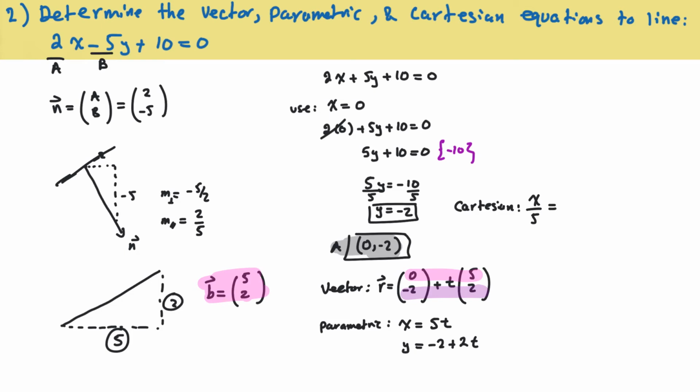And for the second one here, we're going to add 2 to both sides first. We're going to have y plus 2, and then we are going to divide by 2. And that is our Cartesian equation. And I'm going to highlight all my answers. That's Cartesian, that's parametric, and that's the vector form.